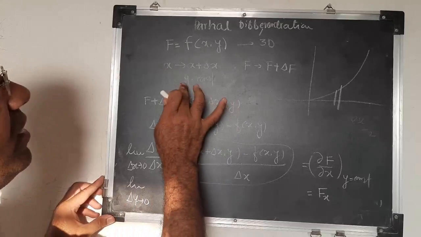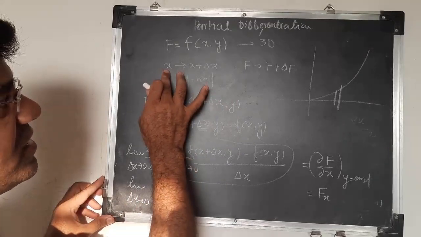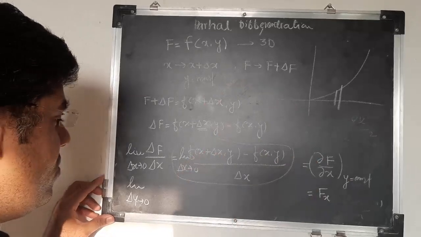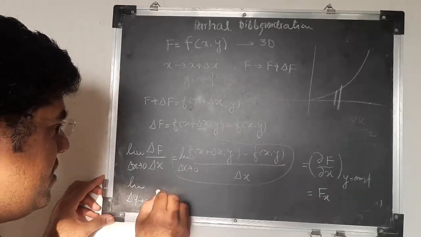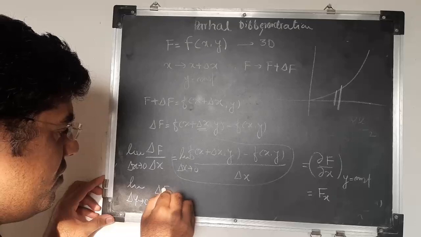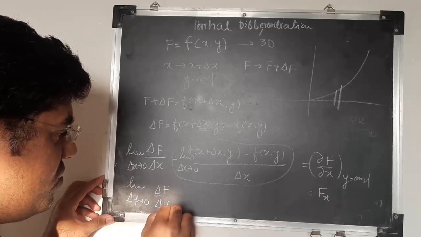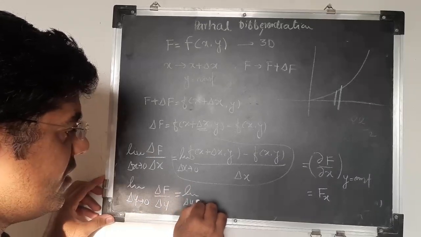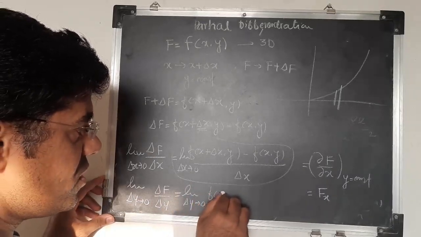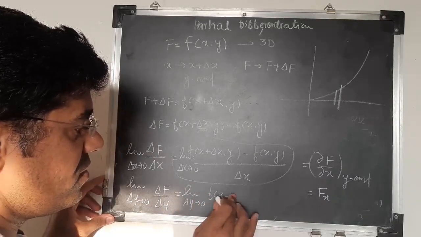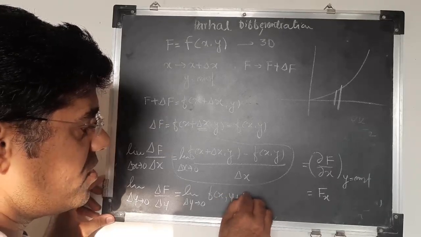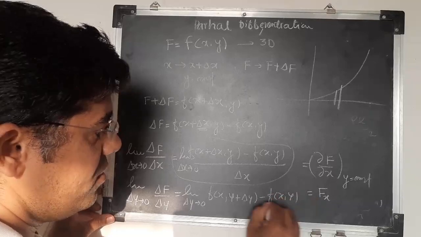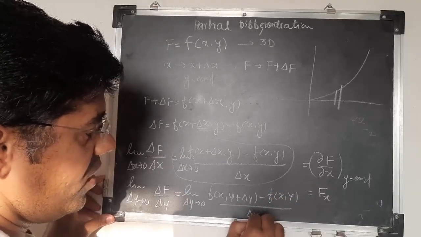So here x is constant and y changes from y to y plus delta y. So this will give the partial derivative with respect to y is equal to limit delta y tends to 0 of f of x comma y plus delta y minus f of x, y divided by delta y.